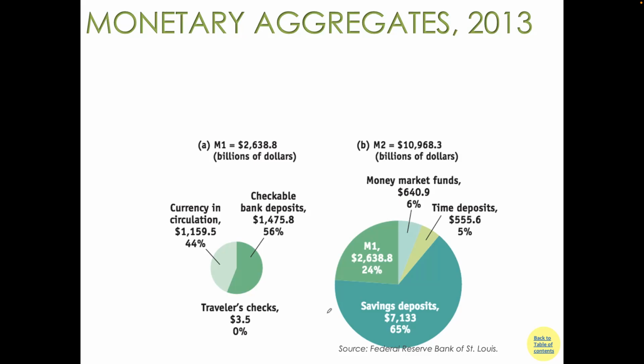So now M2 includes M1, as I just explained to you. You can see they are very liquid, meaning you can use them anytime. Then it includes savings deposits, just a little less liquid. Then you have time deposits, meaning you have a fixed saving term, like 6 months or a year.